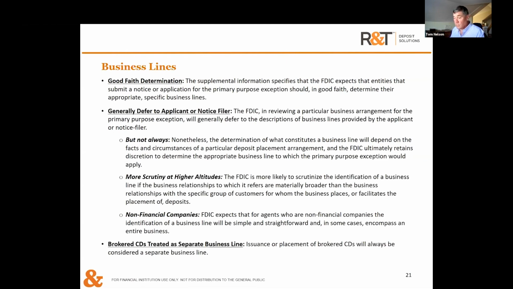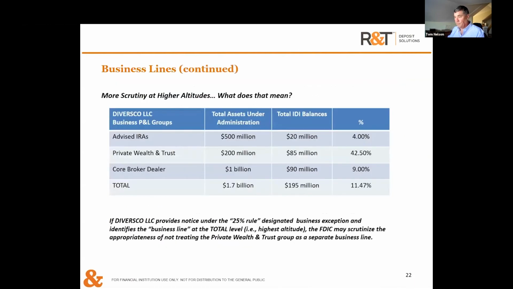Don't see this as an issue, but it is something to be careful of going forward. Because one of the issues that is going to be required is that if an IDI has knowledge, and it's important to say that an IDI has knowledge, that a determination has not been made in good faith, they have a responsibility to report.